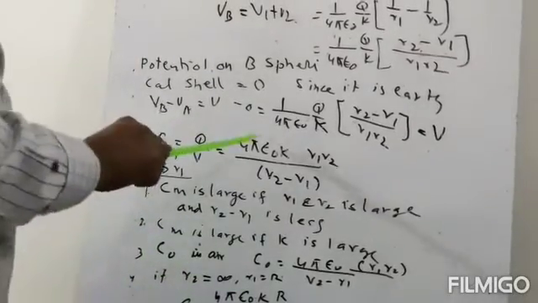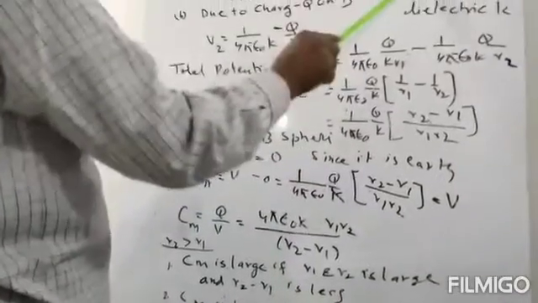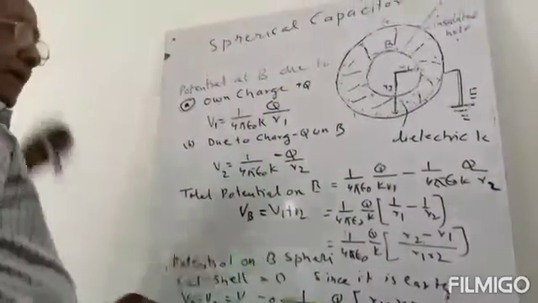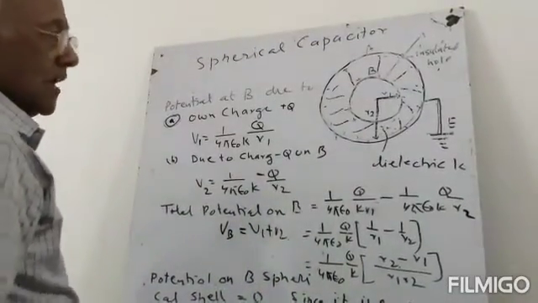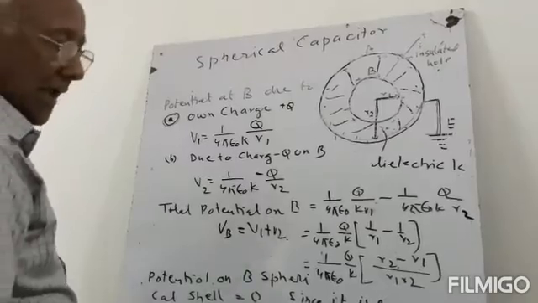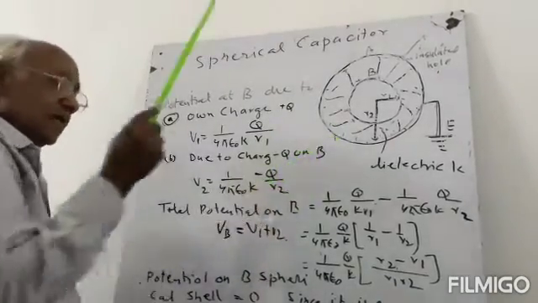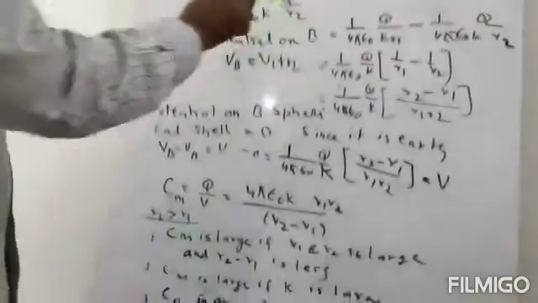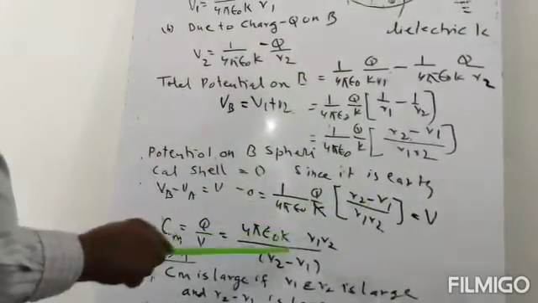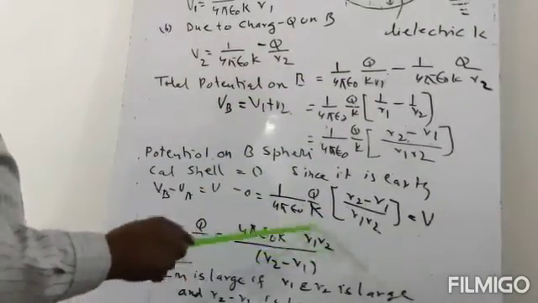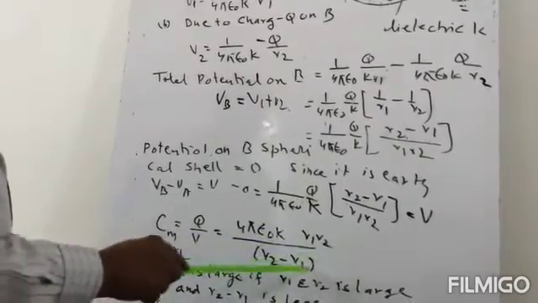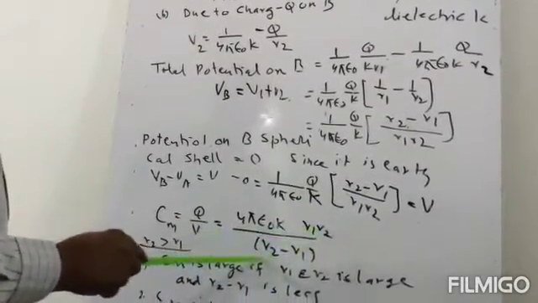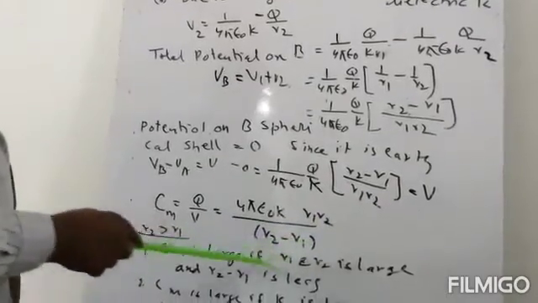Number one, when K is more, meaning instead of air we put a dielectric, because the dielectric constant of any dielectric is more than 1, or more than the dielectric constant of air. Second thing, R1 and R2 should be large, and in the denominator the difference R2 minus R1 should be less.